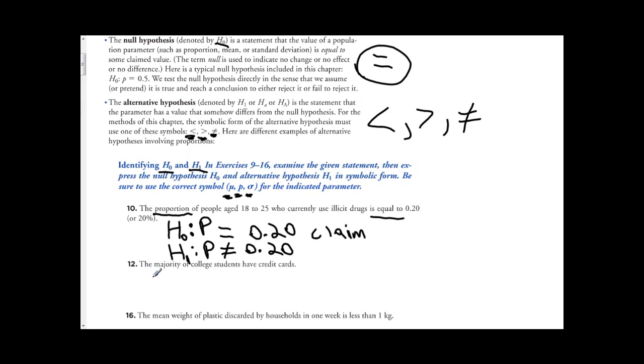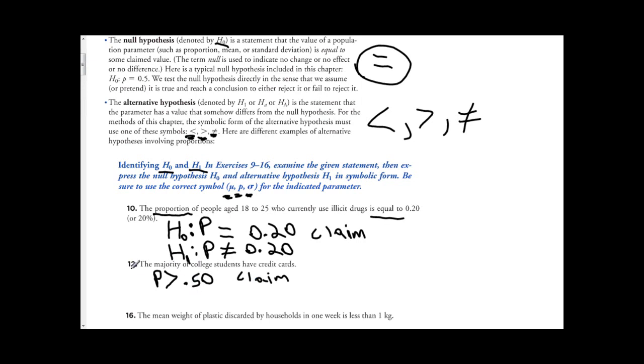So the claim that's being made here is that the proportion of college students that have credit cards is greater than 50%. So a majority means that the proportion is greater than 50%. Okay? So if we're saying that this is the claim, then we have to identify the claim as either the null or alternative hypothesis.